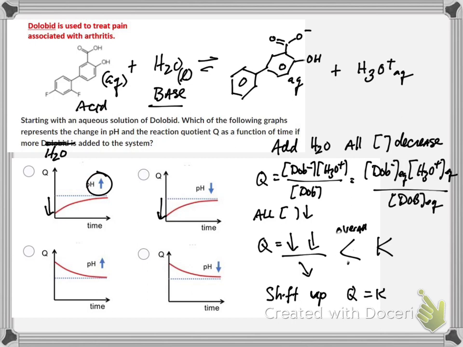So to find pH, we just look at the role of water. When we are adding water, in Ka, water functions as a base. And since it functions as a base, it will increase the pH since you're adding a base.